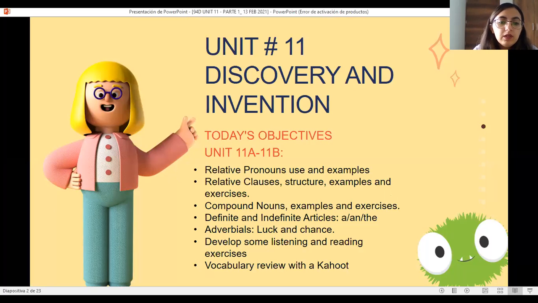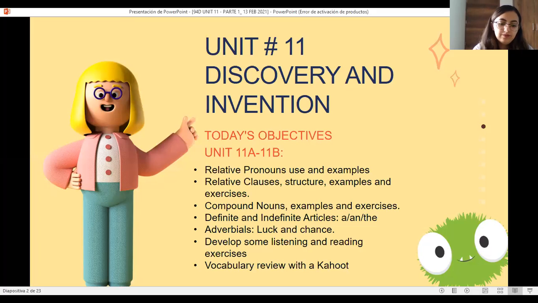We also will be seeing a little bit of relative pronouns, how to use them in some examples, and how to complete some relative clauses using these relative pronouns. So for that, we will see some structure examples and a few exercises.